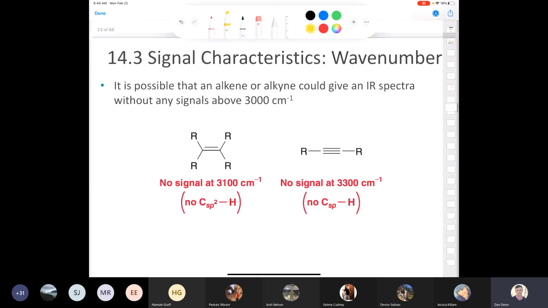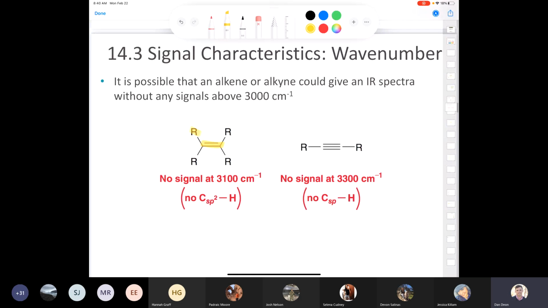That's not true. What if you had an alkene that had 4 R groups? Then you have no sp2 hybridized carbon-hydrogen bond. And what if you had an alkyne, what we call an internal alkyne, that doesn't have any hydrogens attached to the triple bond? Therefore, you don't have any sp hybridized carbon-hydrogen stretch. So you got to be careful with these kinds of things.